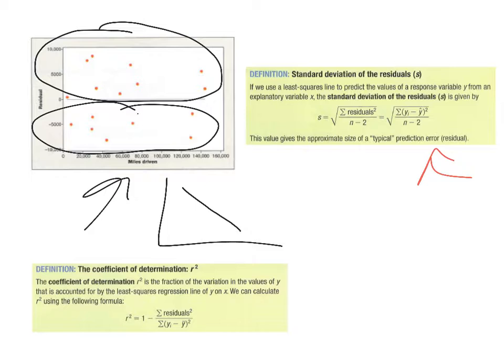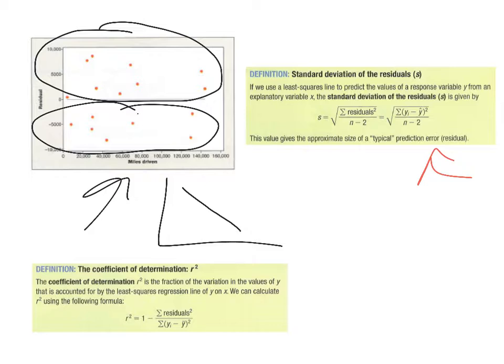Remember, it's the same as when we do standard deviation for any other data set, and we talk about the mean, and then we talk about the standard deviation of that data set, and we say that that's the typical distance away from the mean. Well, this is the same thing. This is just the typical residual distance away from the mean, so this is just our typical prediction error.